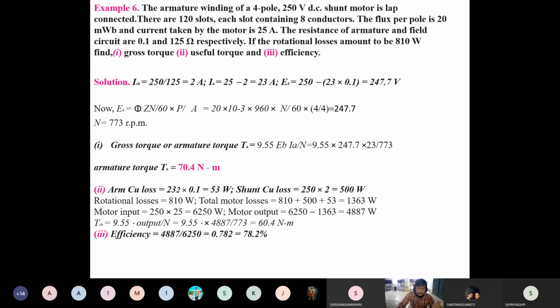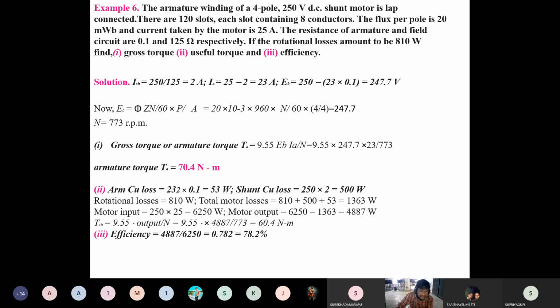So motor input is equal to 250 into 25, that is 25 amperes, 250 volts, that is 6250 watts. Now output is nothing but input minus losses, but we don't know the losses. They have given one loss, that is the rotational loss, 810 watts, right? But we don't know the armature copper loss and shunt field copper loss.